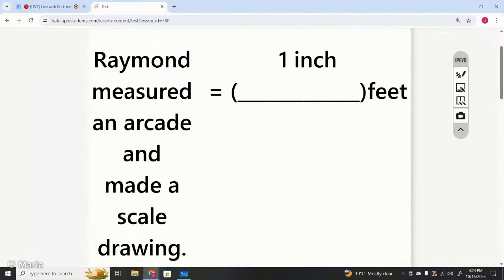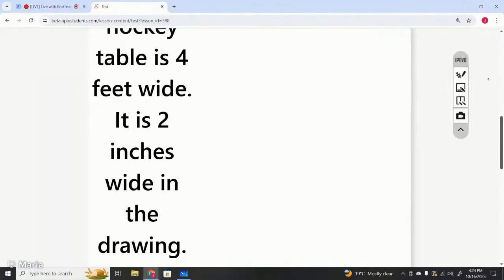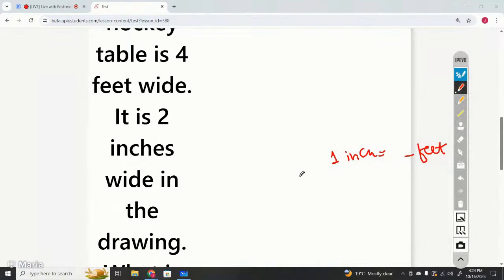The scale is 1 inch equals how many feet? So actually it is 4 feet wide and in the scale it is 2 inches. So that is how many feet divided by 1 inch?